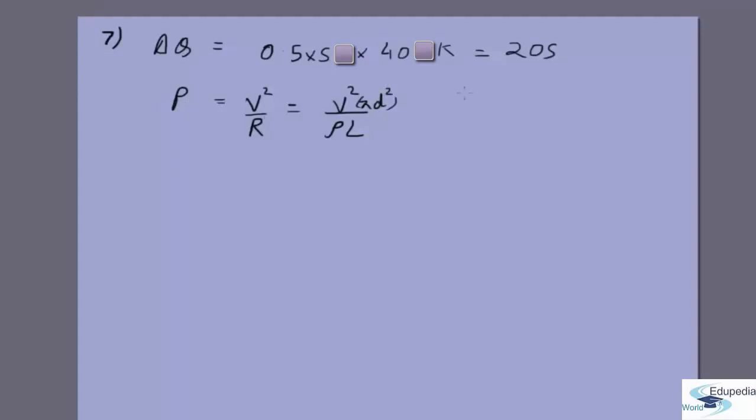And so what is the power that is required? That is delta Q by delta T, or in this case delta T1, which is the initial time, which is 20S by 4 minutes, which is 240 seconds.